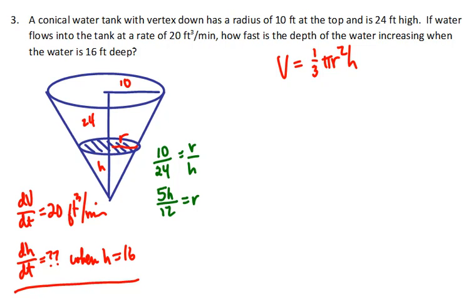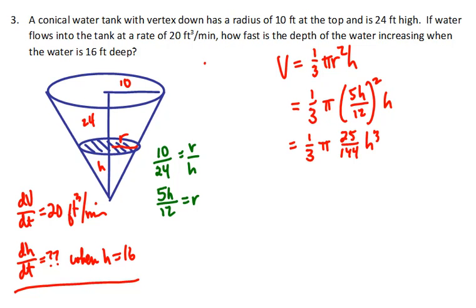I hope that's clear. So swapping out r for h, we're going to get 1/3 pi times quantity 5h over 12 squared times h, and that should give us something like 1/3 pi times 25 over 144 h cubed, which we can then differentiate with respect to time.